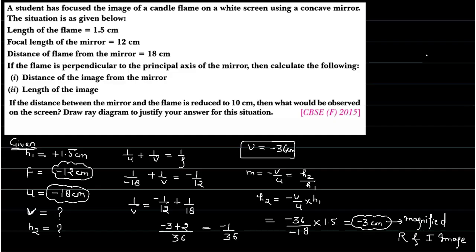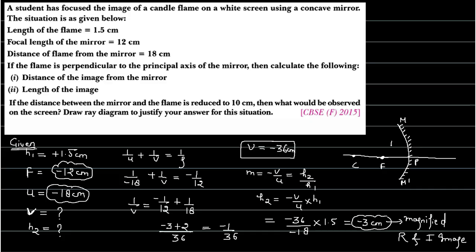If an object is placed between pole and focus, you know the image formed would be virtual behind the mirror. In the question they are asking what could be observed on the screen, you will say nothing will be observed on the screen because the image would be virtual and erect.